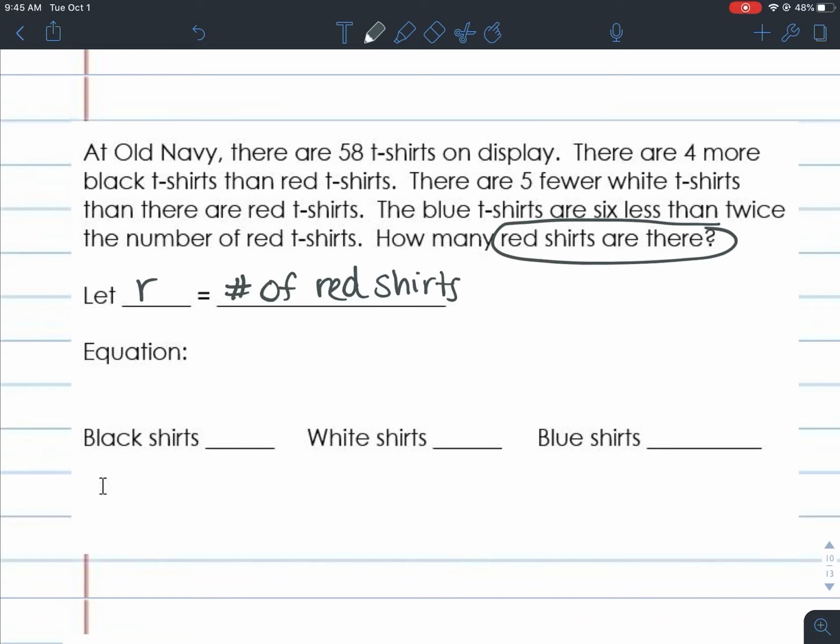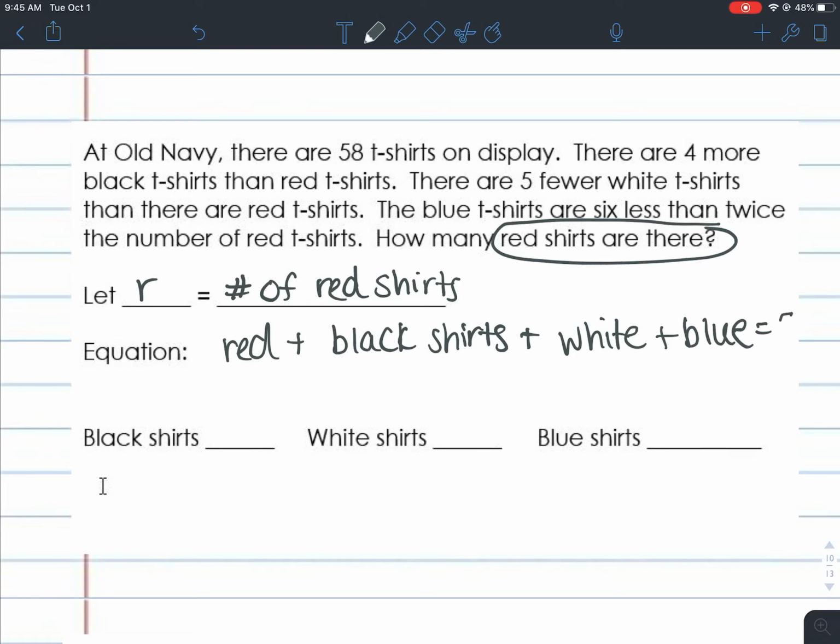So you have red shirts, we have black shirts, we have white shirts, and then we have blue. And when I add all of them up, I get 58 total. So there's your information. We have 58 total t-shirts.